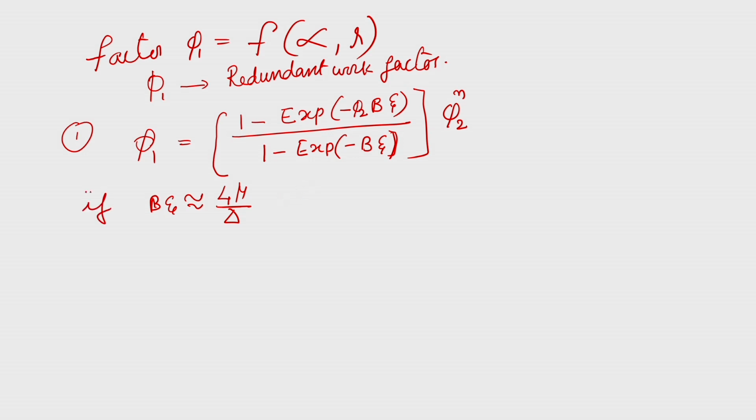And if this is sufficiently small, then phi 1 can be approximated as phi 2 to the power n plus 1, where n is the work hardening exponent obtained for the material, which is nothing but k epsilon raised to n. So n is equal to the work hardening exponent.